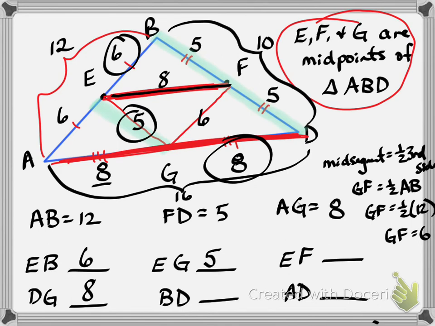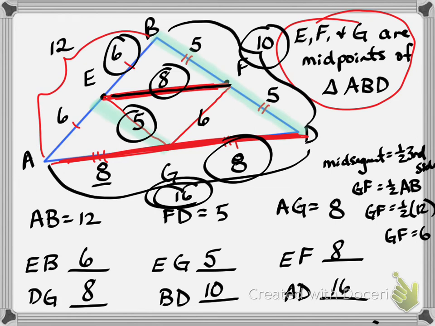BD, 10. EF, 8. And AD, 16. So that was a complicated problem because there was a lot going on, but that's how that works.